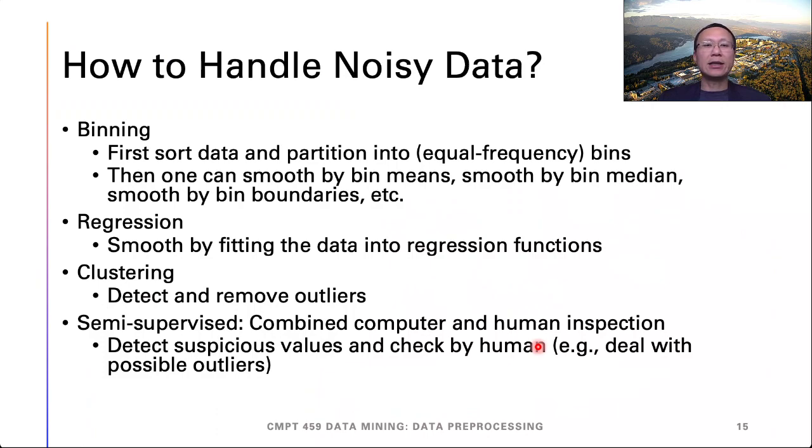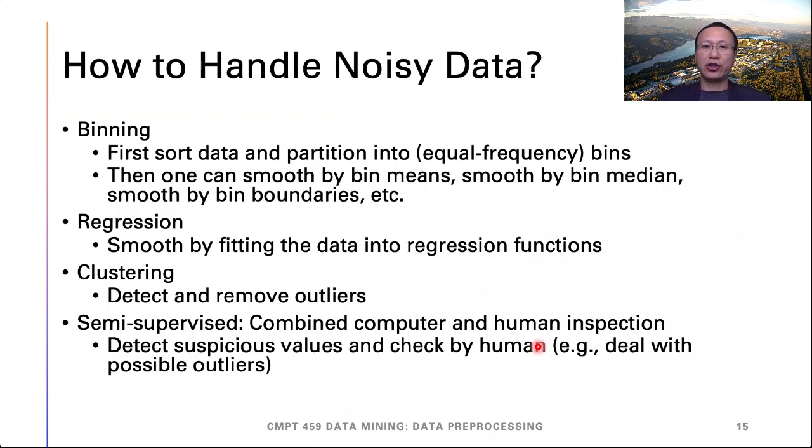Another way is to do regression. Essentially, you can try to fit the data into regression functions so that the data can be smooth. Or you can do data clustering. Clustering itself is a data mining technique.